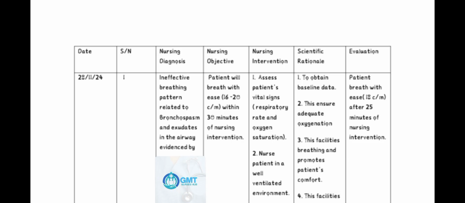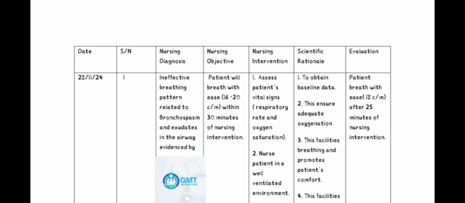Remember, we get our nursing diagnosis from the data collected, and the data could be from the primary source, which is from the patient directly, or from the secondary source. If it is from the patient, they can be telling you how they feel. Then if it's secondary, it's probably from lab results or from the patient's relative.